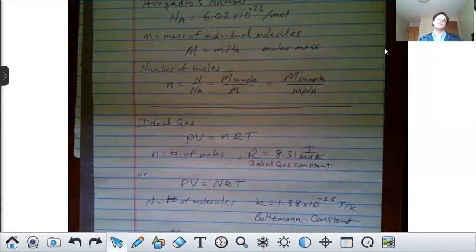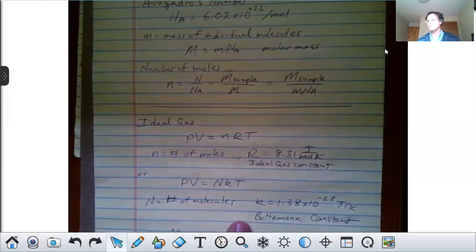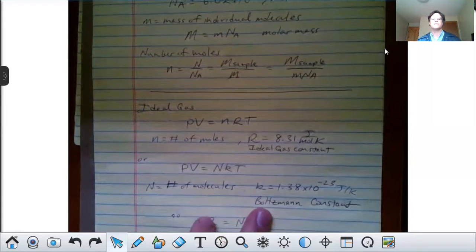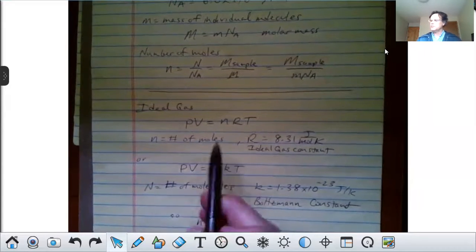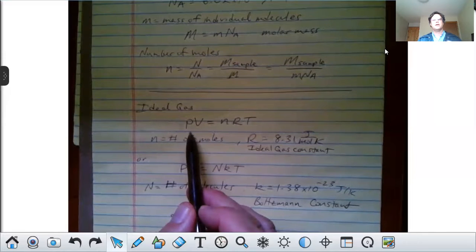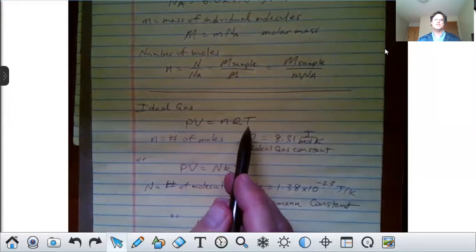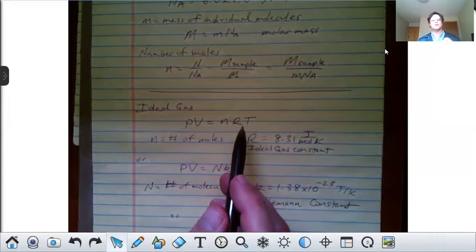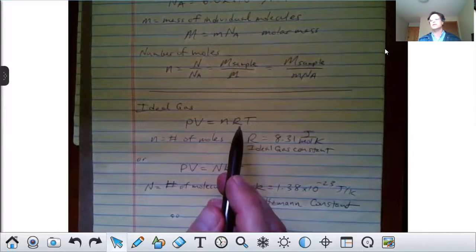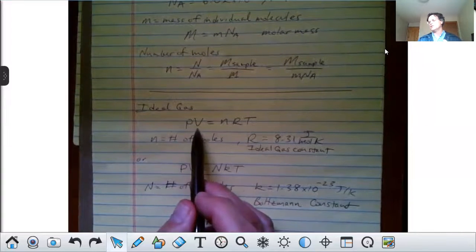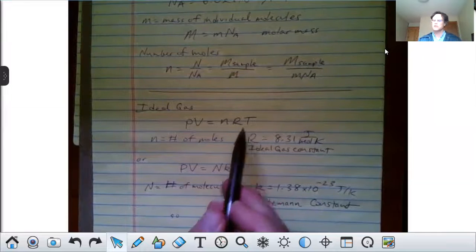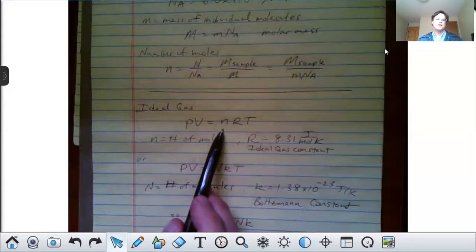And generally speaking, for low-density gases, this works really well. In other cases, you need to make some modifications. But we often say that if a gas has a certain pressure, volume, or temperature, we have a certain state. That gas is in that particular state described by those 3 variables, whatever the values of pressure, volume, and temperature are. This way, the ideal gas law is written in terms of the number of moles.